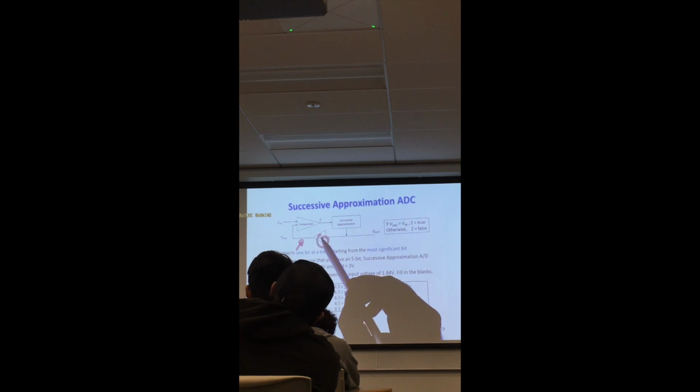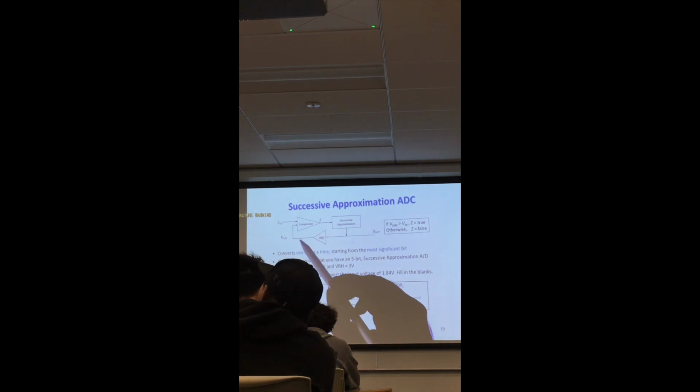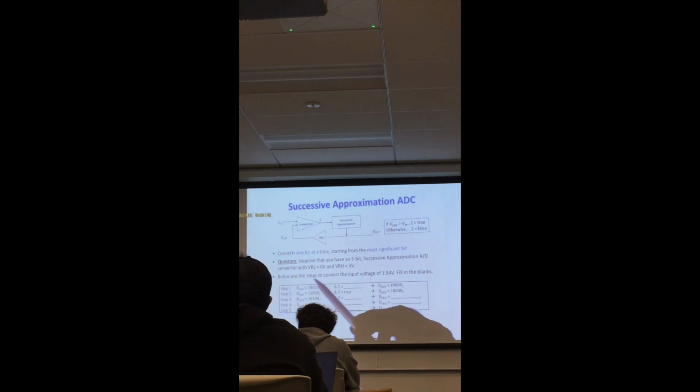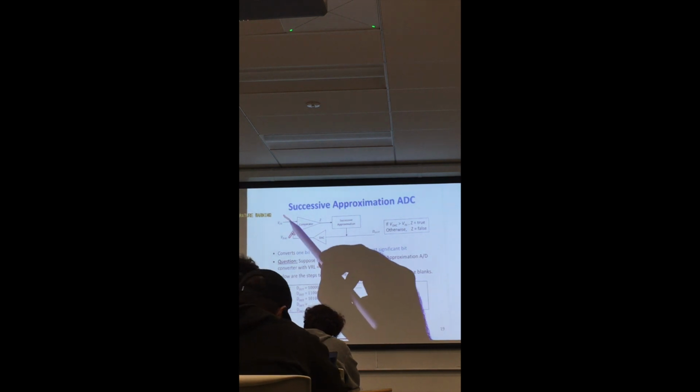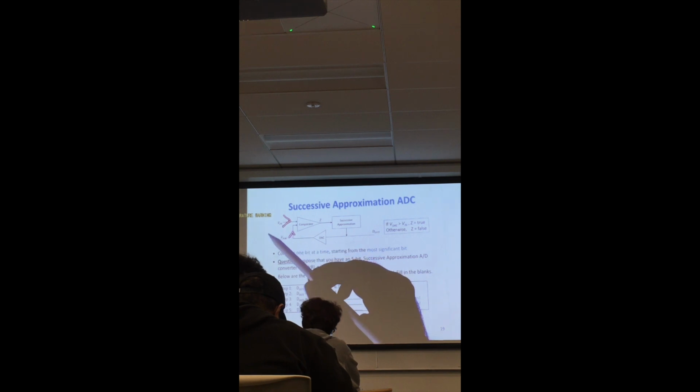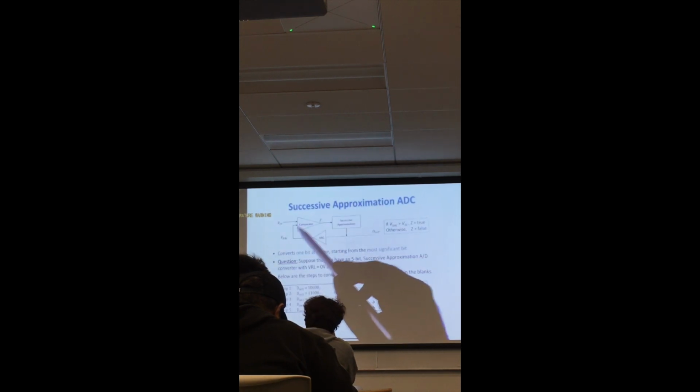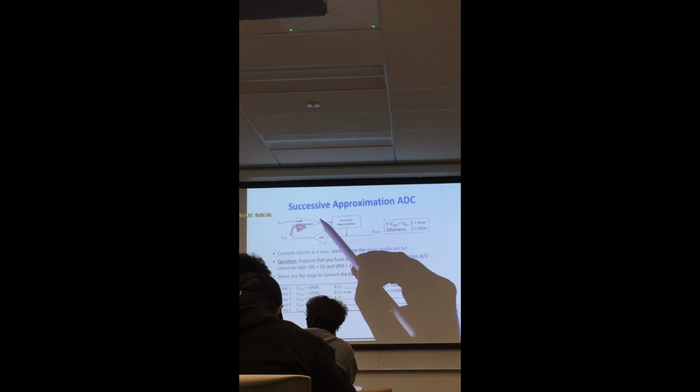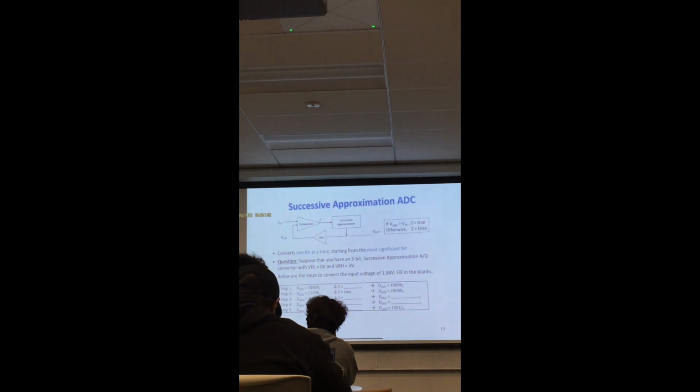That's a digital to analog conversion. Then it will compare this analog value to the analog value which comes from the actual input. Minus is here, plus is here. If it is higher than the input, it will say, oh, the number is too big, so that most significant bit will be set to 0. Clear, right?